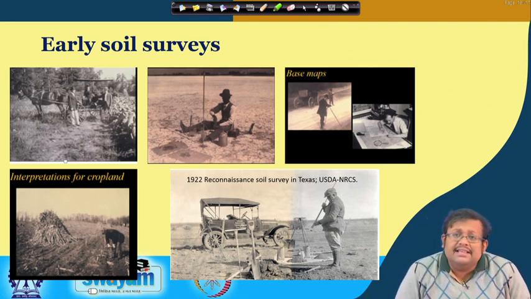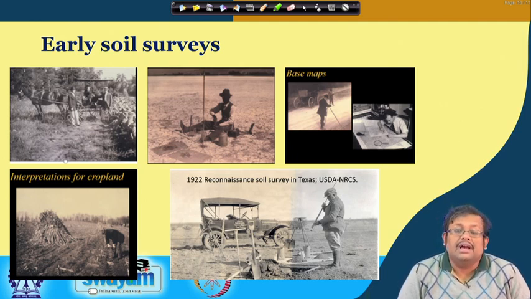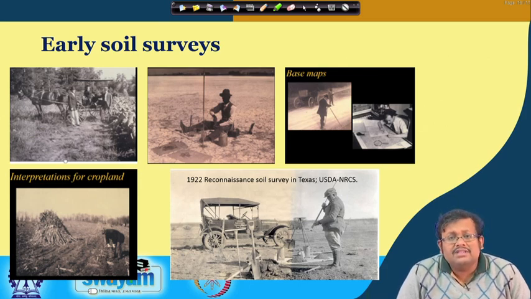So, this slide basically shows the early days of soil survey, and obviously remember that whatever soil survey we are doing here in India, we are basically following the United States Department of Agriculture or USDA soil survey, which started long back in the 19th century. You can see a couple of pictures where they used the traditional methods of soil survey, and at that time more emphasis was given to the geological context rather than the soil characteristics.